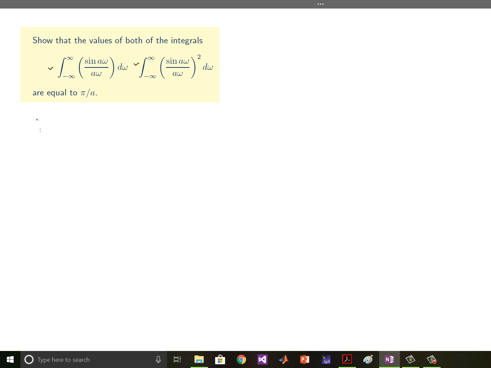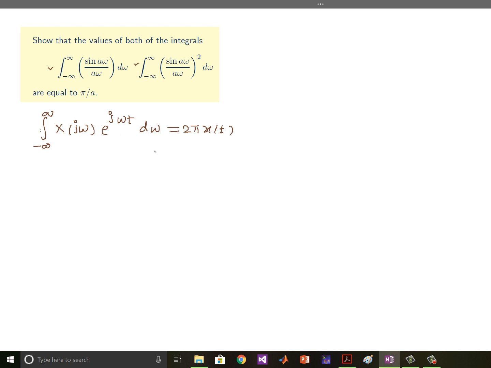To evaluate the first integral, we will take the help of the synthesis equation of the Fourier transform, which is given by the integral from minus infinity to infinity of X(jω) e^(jωt) dω, which would be equal to 2π times x(t). This is the synthesis equation of the Fourier transform.